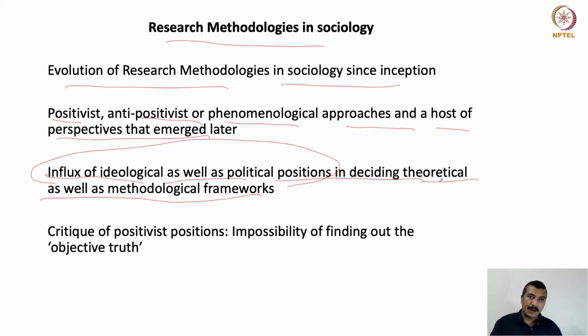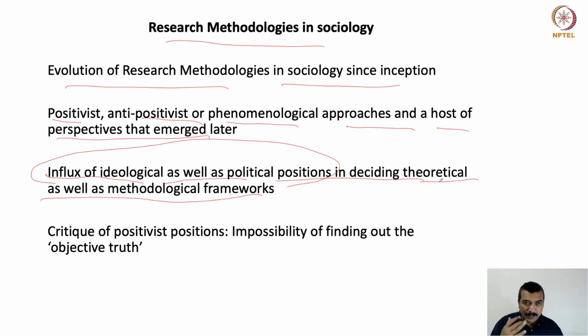For example, with the emergence of Orientalism, a completely different set of political and ideological concerns were brought into the picture. Marxist scholarship has its own ideological and political position. Feminist scholarship has its own.